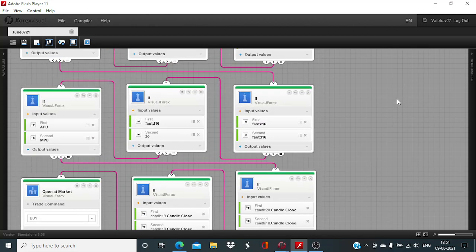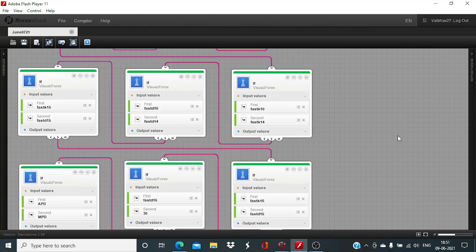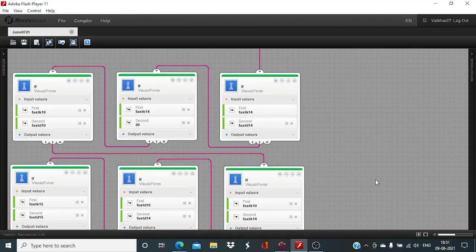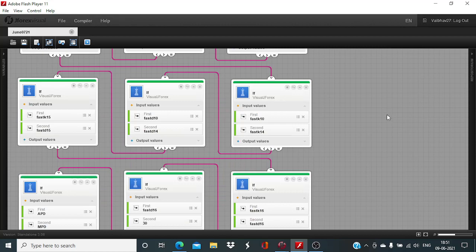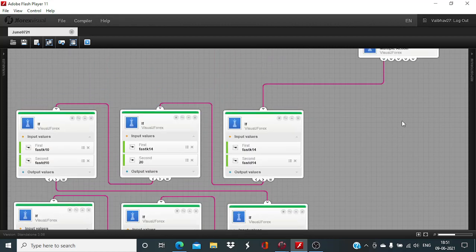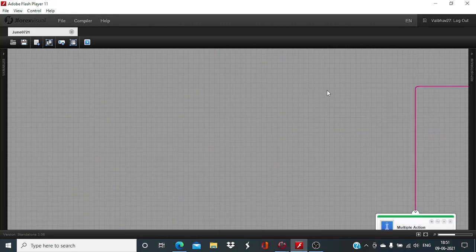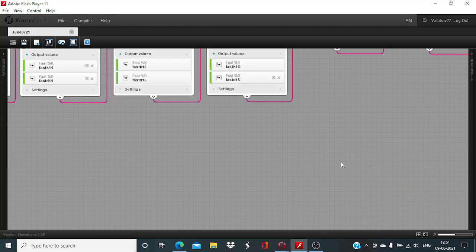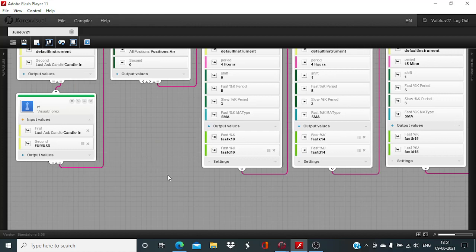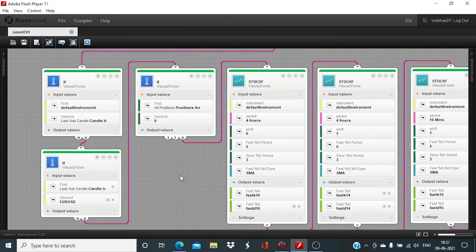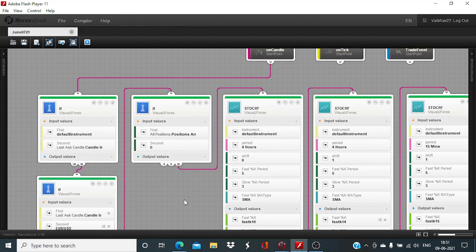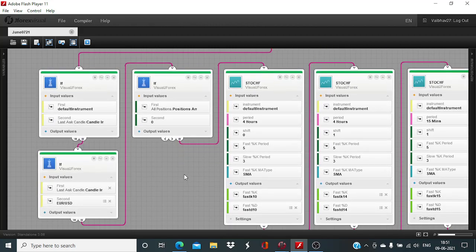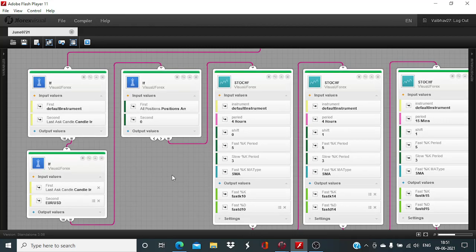Now we have to build the sell side, which is going to be the mirror image of this buy side. We have to make sure that both the sides are symmetric. It's not a requirement, but more of a preference from my side, and it is also common practice that we want to make sure that the conditions which we are using on the buy side should be inverted for the execution of the sell trade.